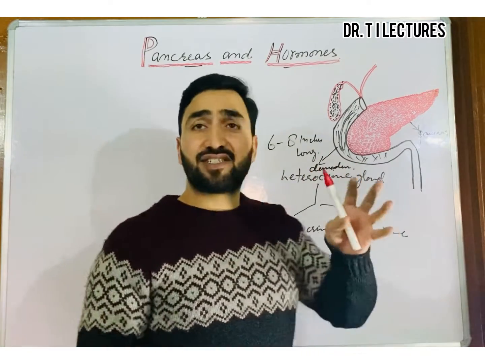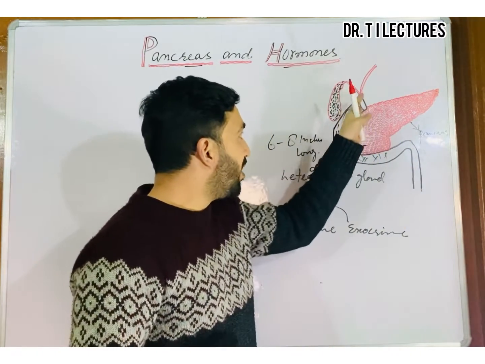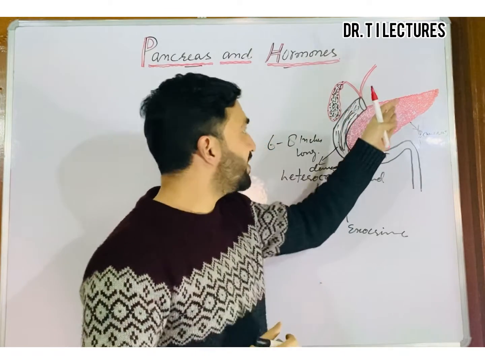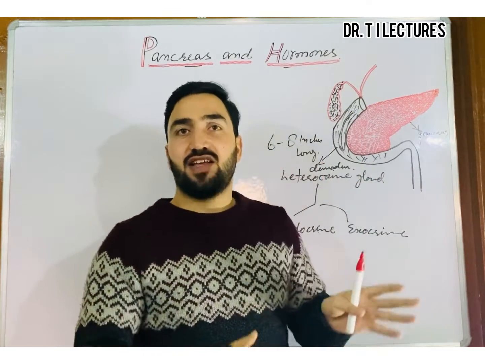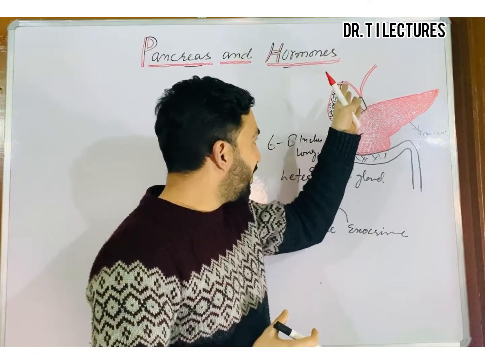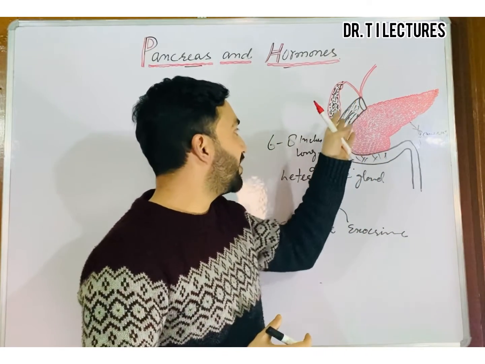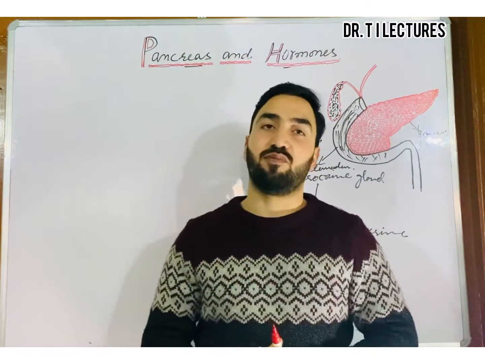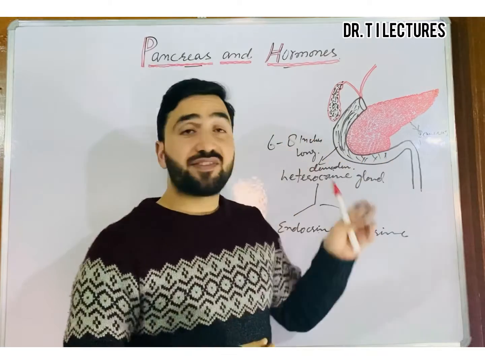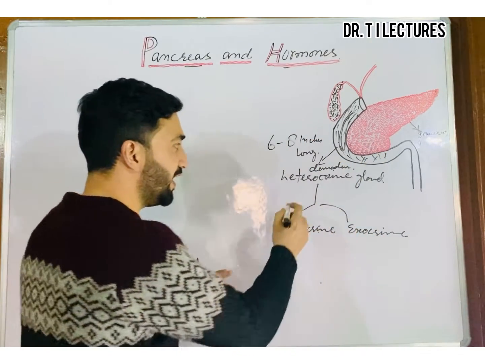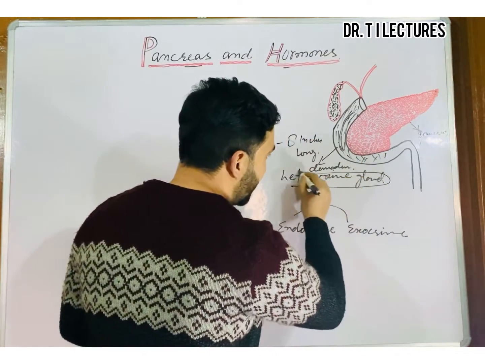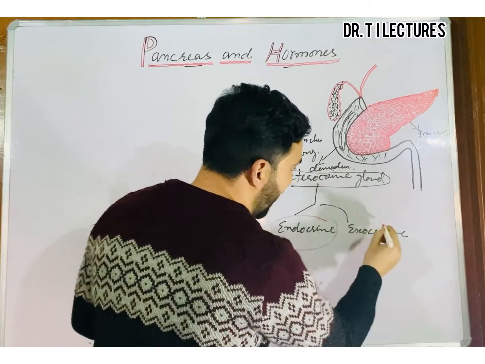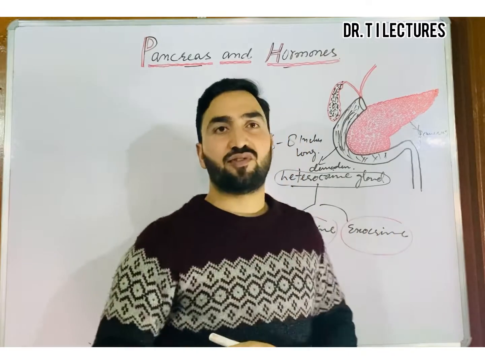The partially digested food from the stomach passes into the duodenum, and the pancreas pours its secretions into it. As we mentioned, it's a heterocrine gland, which means it possesses both the endocrine function as well as the exocrine function.